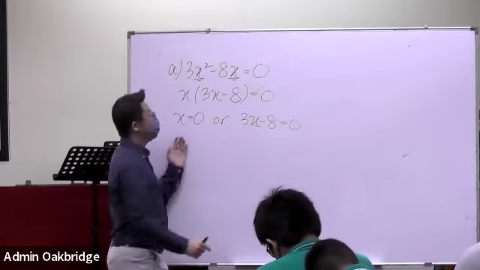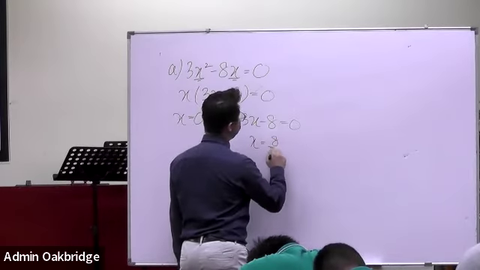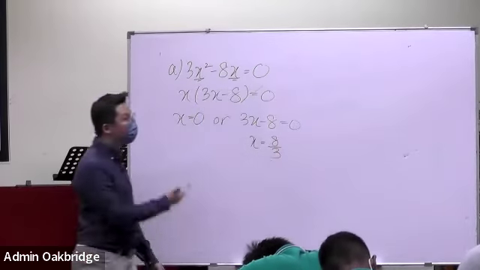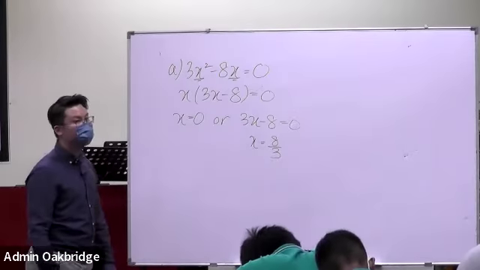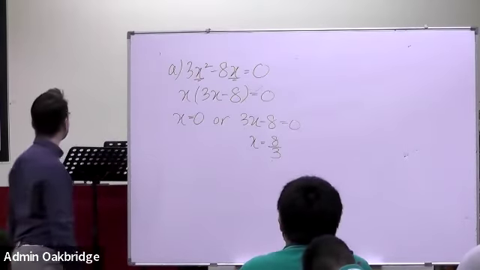Then you have the first answer as x equal to 0, and the other one will be 8/3. Without using a calculator, you can get the answer already. So this is easier if the constant is 0.